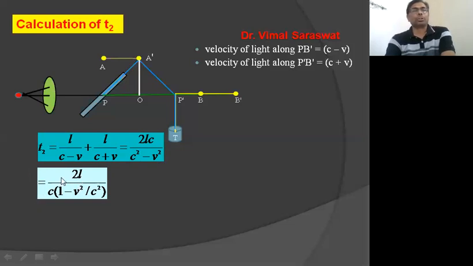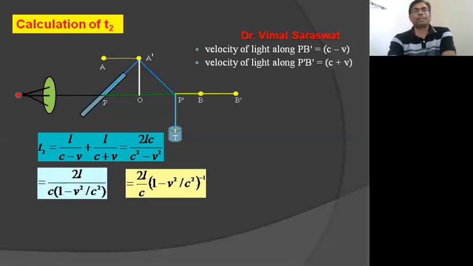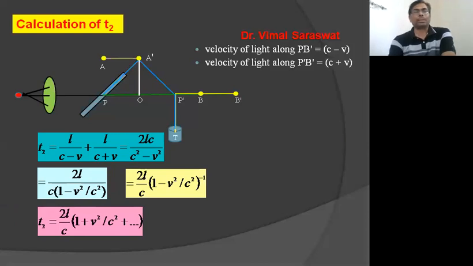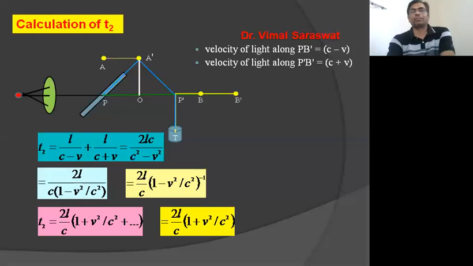So this will be 2L by c, (1 − v²/c²)^(−1), and on applying binomial expansion, this will be 2L upon c, (1 + v²/c² + ...) and so on. v is very much less than c, so we neglect higher order terms. So T2 is equal to 2L by c, (1 + v²/c²).